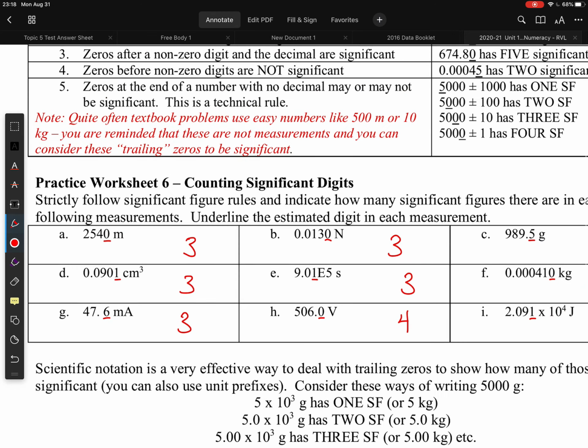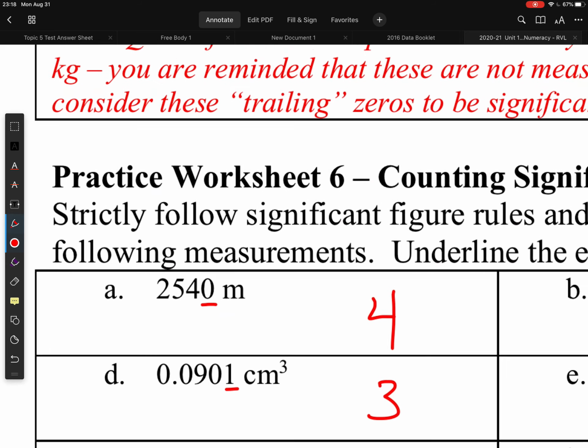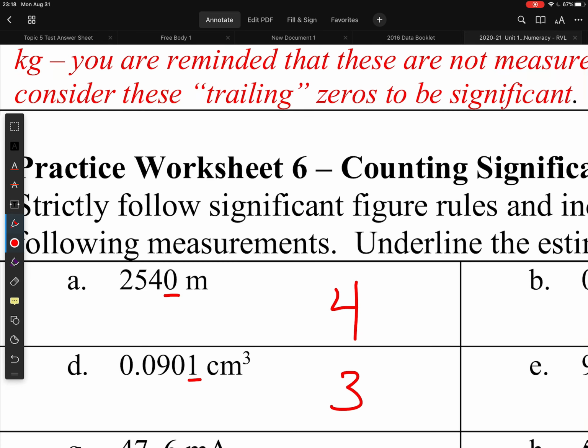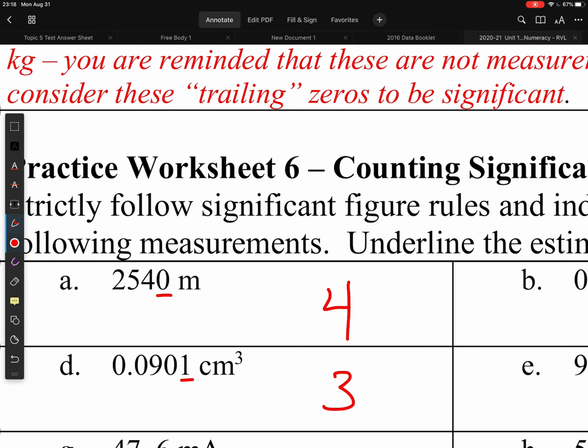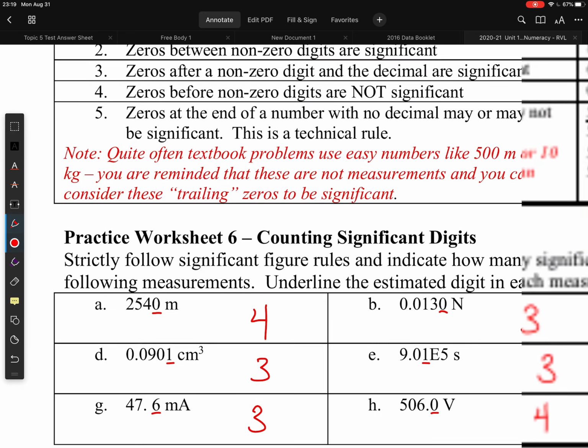Okay, so first we have A, and we determined that A has four significant figures just based on rule number 5 here. So we don't really know for sure whether or not we have four sig figs because of that trailing 0 there, but we give it the benefit of the doubt unless it's specified otherwise.